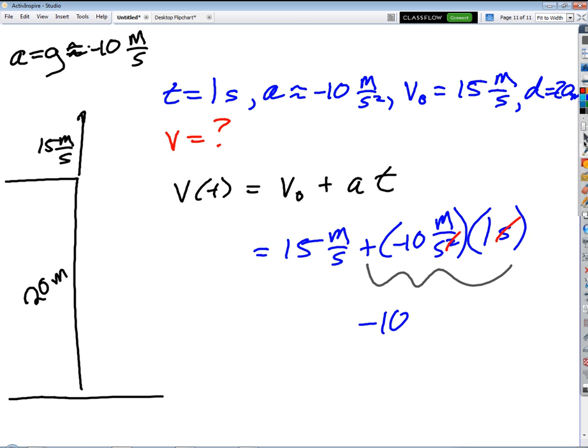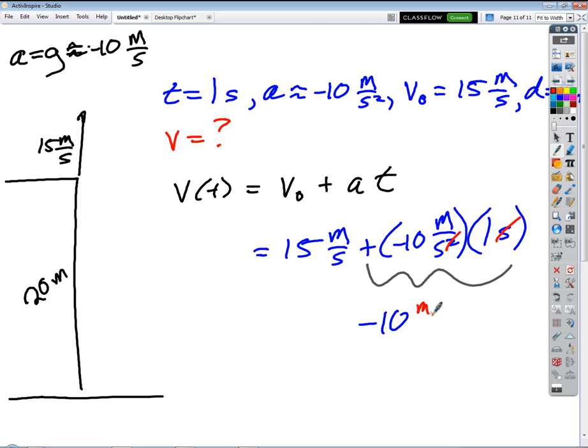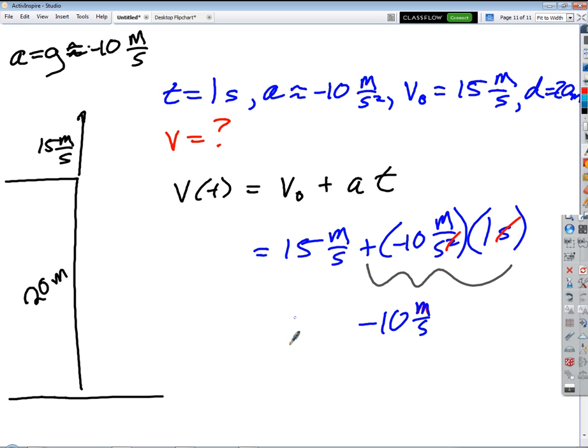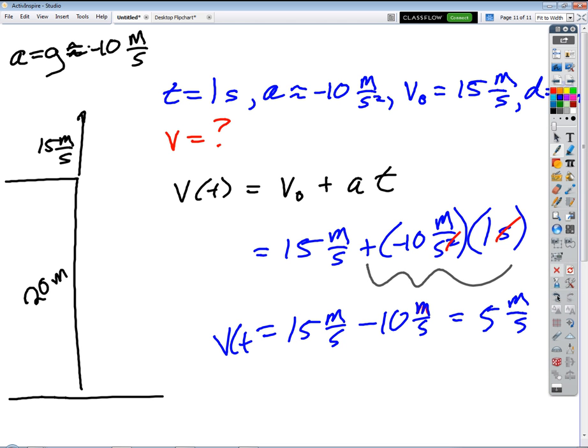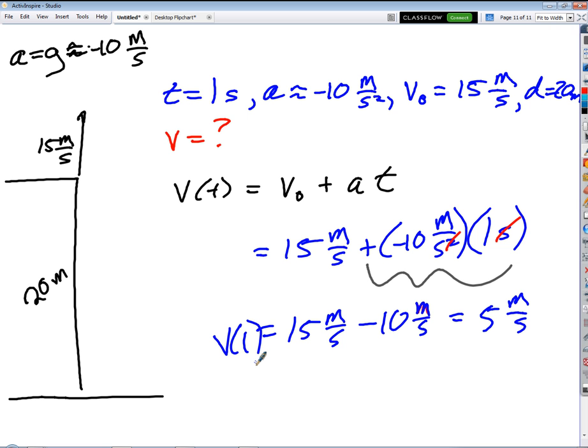And so I get negative 10 meters per second added to 15 meters per second. So what's my answer? 5 meters per second, and that's my v of 1, right? Make sense? Okay.